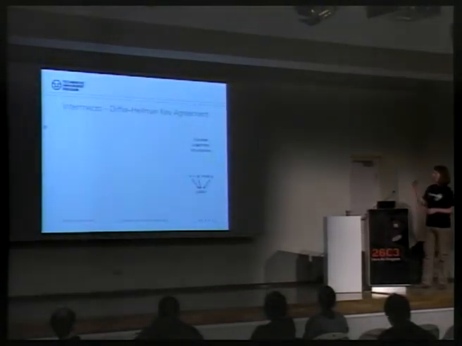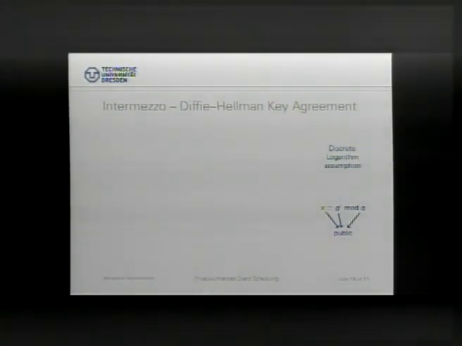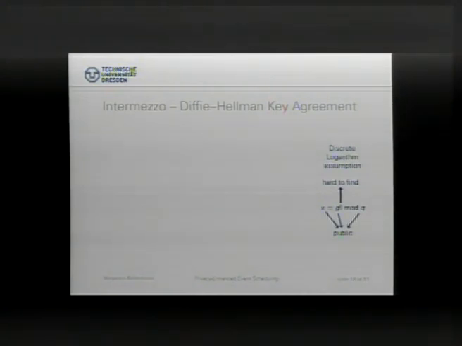The assumption says, even if I know x, which is the result of g to the r modulo q, where g is some generator, even if I know all three values, it should be impossible or hard to find this r. Of course, this only applies to big numbers, and there are some further assumptions on this, but this is the assumption you should have in mind.